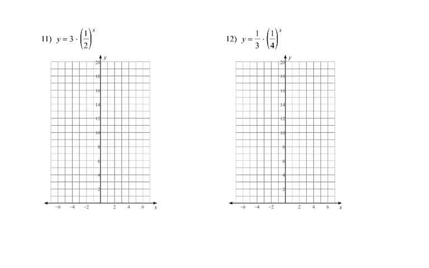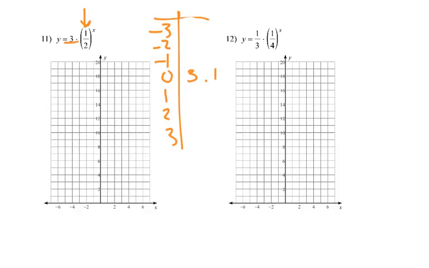Now, the ones that are difficult are these guys. Now, notice our fraction is the multiplier. So in other words, we have our starting point, 0, 3. So let me show you guys something. Okay, so we started at 3, and we're timesing by a half. Timesing by a half is the same as dividing by 2.